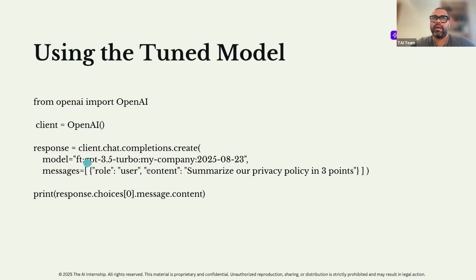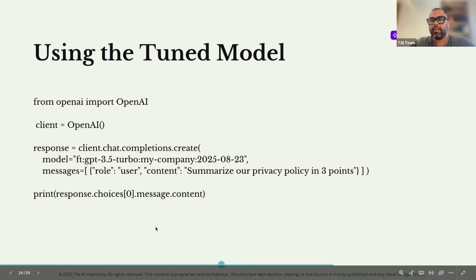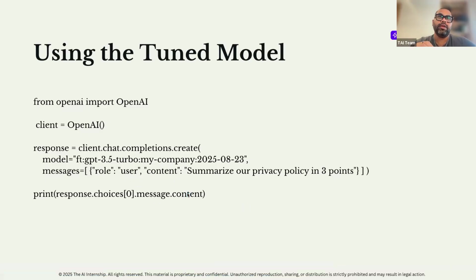You need to refer to this, and this way OpenAI will know to send this query to that fine-tuned model, and you get a response, and you can interact the way you interact with any other model. So that's how you use the fine-tuning model in your workflow.